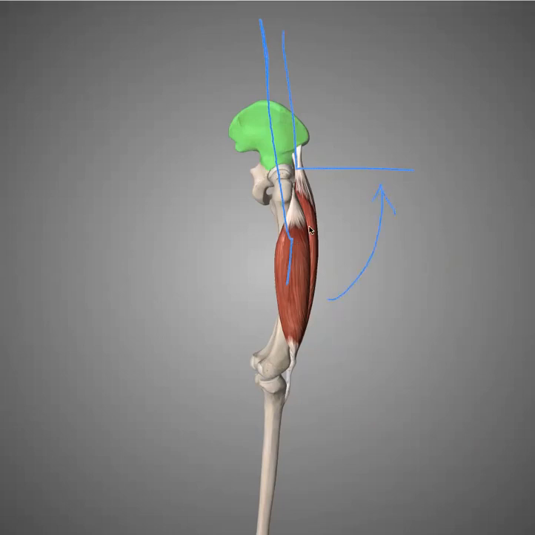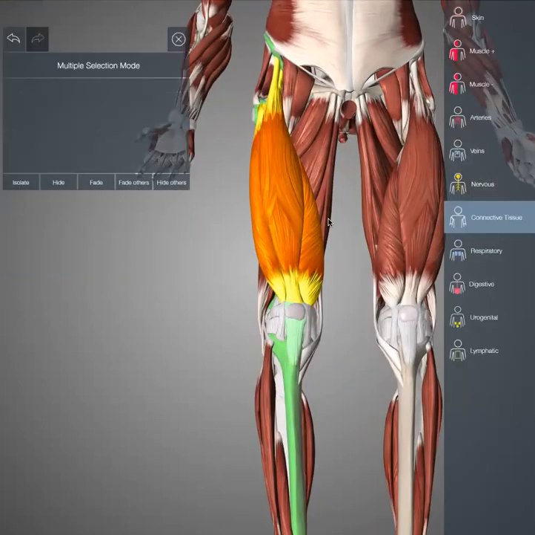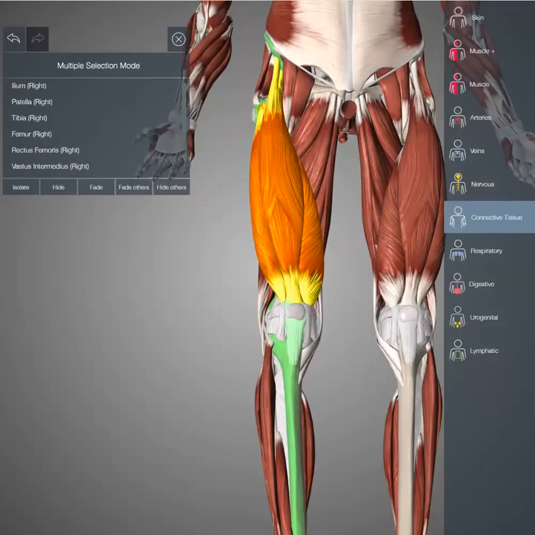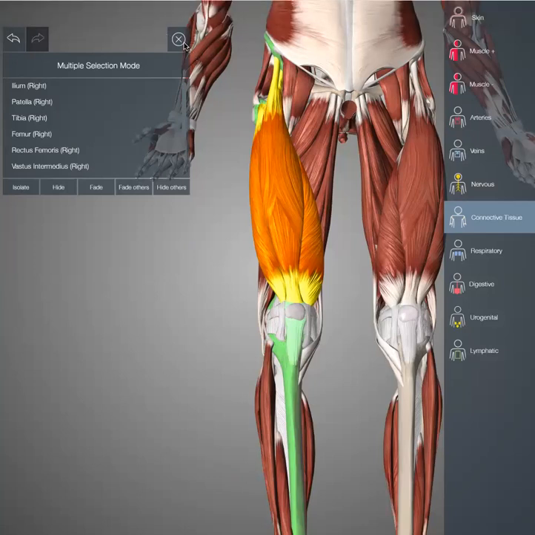That's a function of the rectus femoris, okay? Flexion of this joint, okay? And these are the four muscles. So now we have finished the anterior compartment of the thigh in general, but we have a little bit of extra muscles that I will show you now.